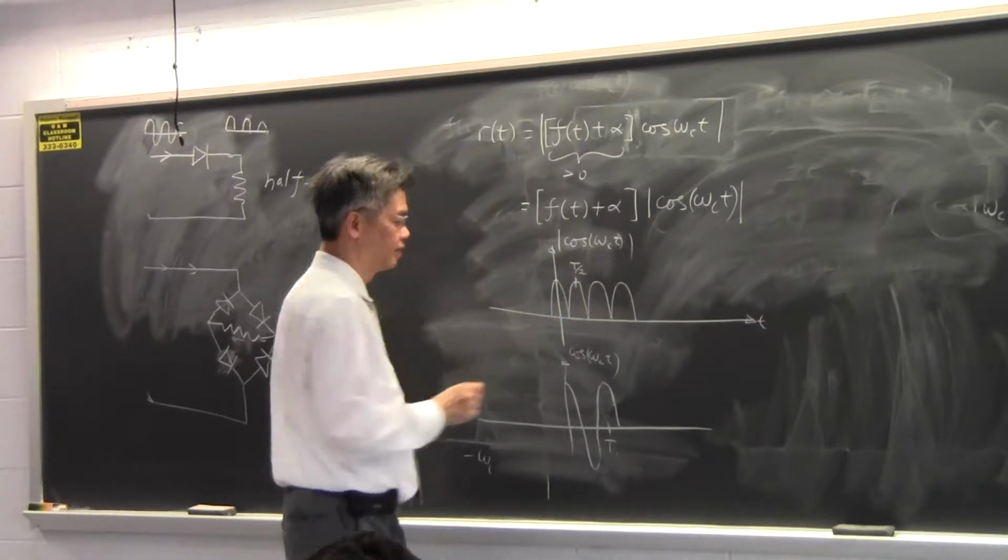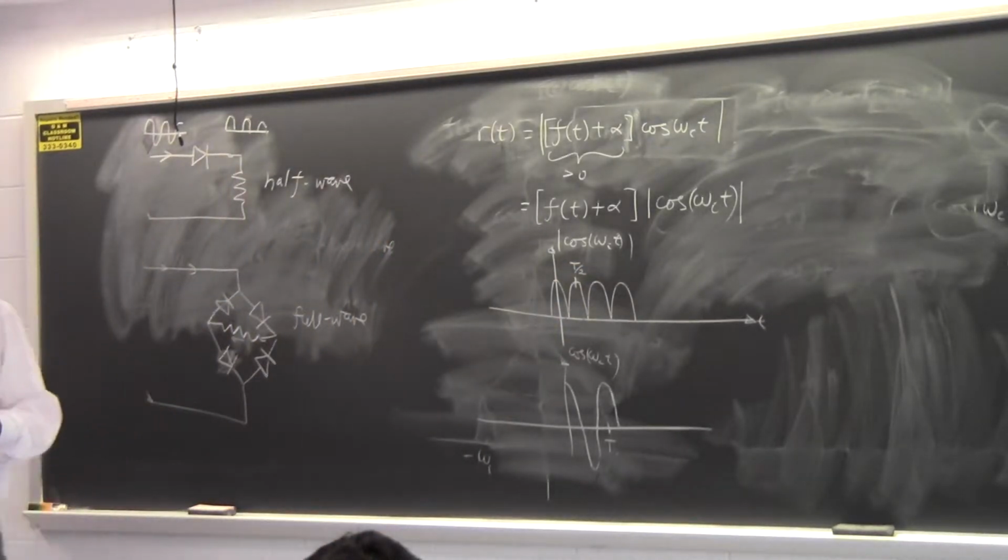And you see that? The signal flipped around with the full wave detector will have twice as high a frequency as the original carrier has. Can you see that?